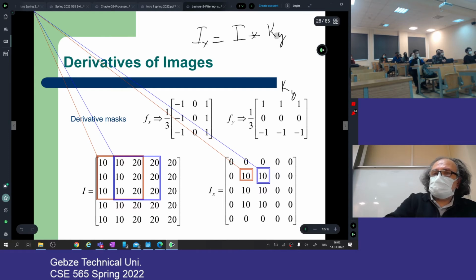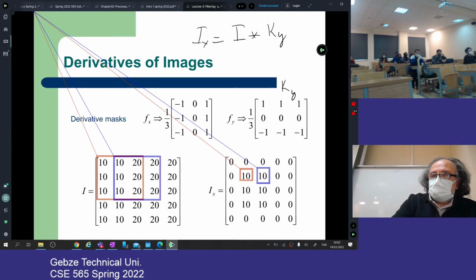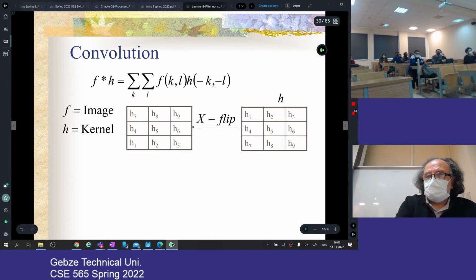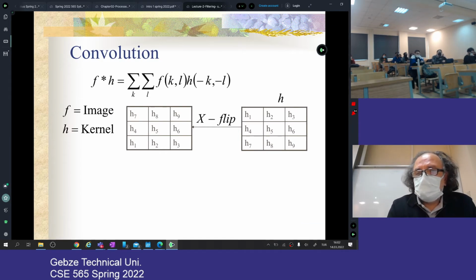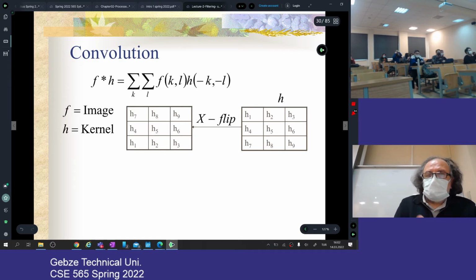KY is a matrix, I is a matrix. If I do the convolution like this, convolution is this. Apply this kernel at every position, multiply and add all of them, and produce a result. That's called the convolution. Okay? So multiply each number by one, add them up, and convolution is shown this way. Okay, that's the convolution sign. H is the kernel, F is the image itself. It's called the convolution.